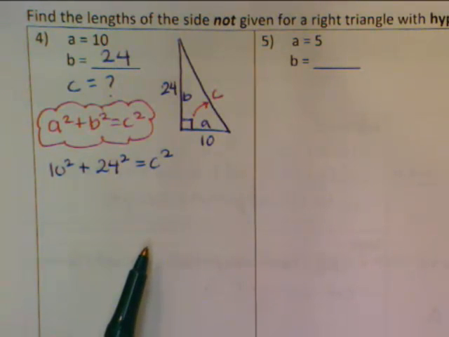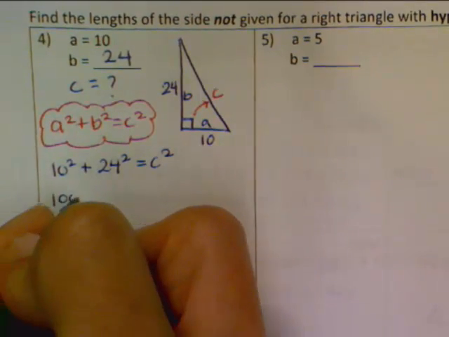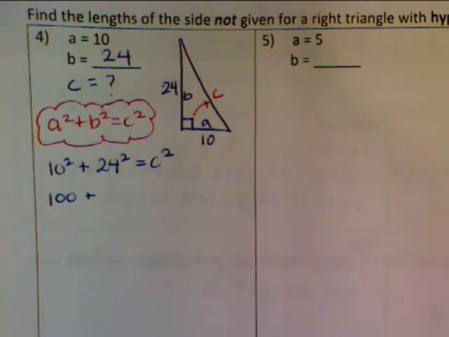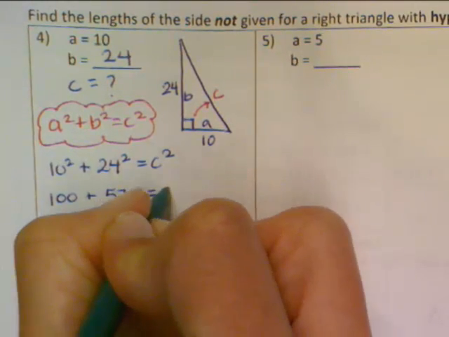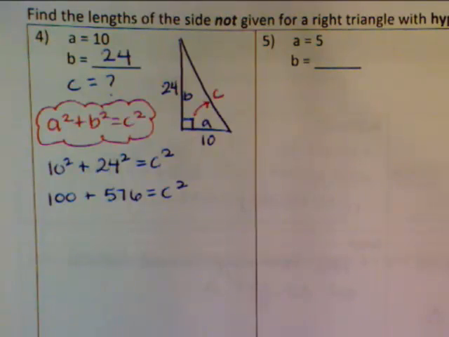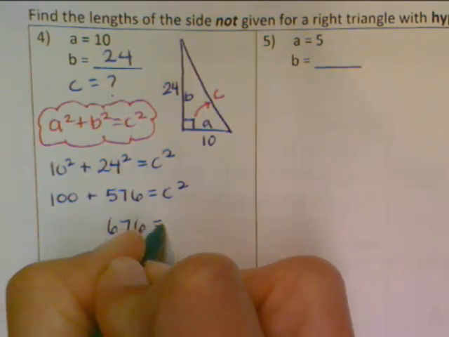Pause if you need to. I'm just going to do it out so you can kind of follow along. So I'm going to square 10 and 24. We've got 100 plus 576 equals C squared. So 676 is C squared.